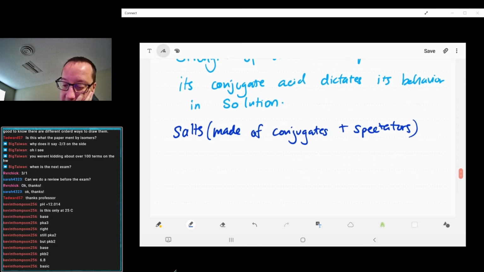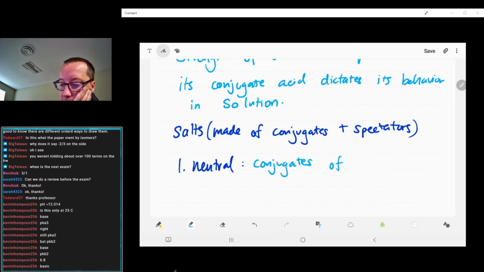We can tell a salt is going to be neutral if it is made of conjugates of a strong acid plus a strong base. For example, sodium chloride would be a neutral one.